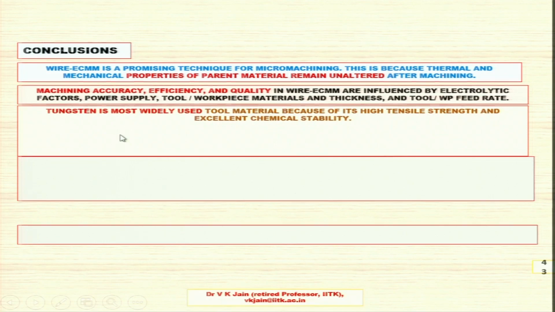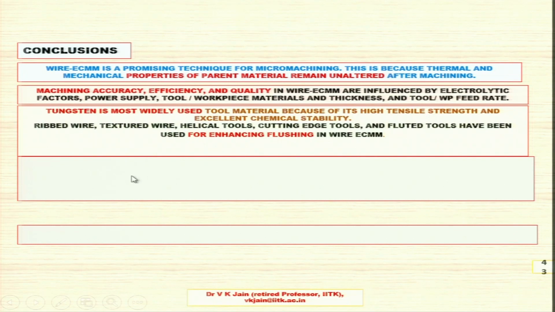Tungsten is the most widely used tool material because of its high tensile strength and excellent chemical stability. Ribbed wire, textured wire, helical tools, cutting edge tools and fluted tools have been used for enhancing flushing in the wire ECMM process, and most of the work in this direction has been done by Dr. Swayam Sharma at IIT Kanpur.